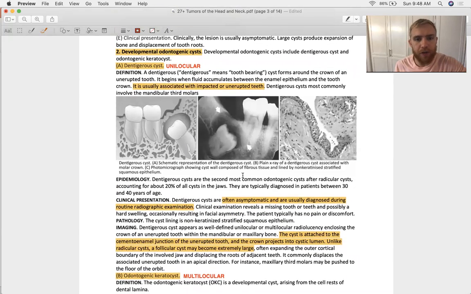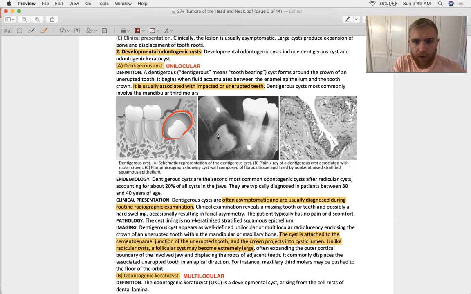So the dentigerous cyst, well, we just looked at a cyst that was around the root of a tooth. Well, now we're looking at a cyst that's going to be around the crown of a tooth. So this is an easy diagnosis to make. It's always going to involve the top of an unerupted tooth, meaning it's still down inside the bone of your mandible. Typically, it's going to be one of your very back molars, maybe a wisdom tooth.